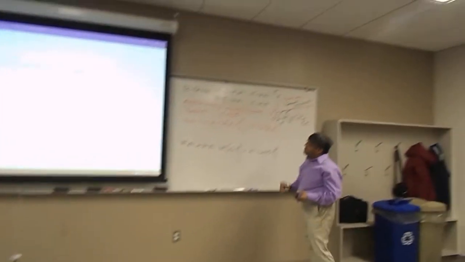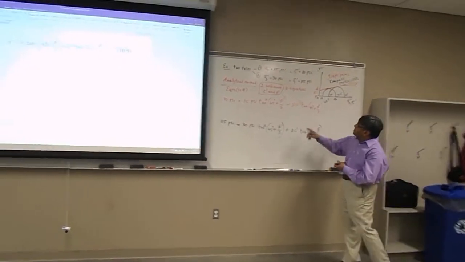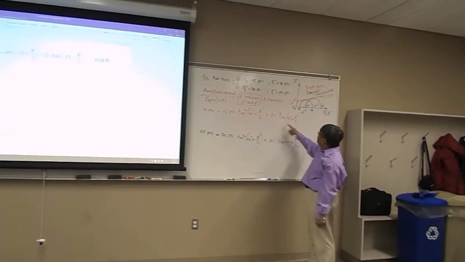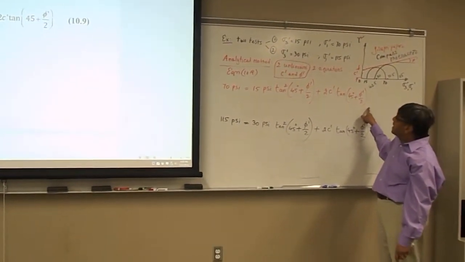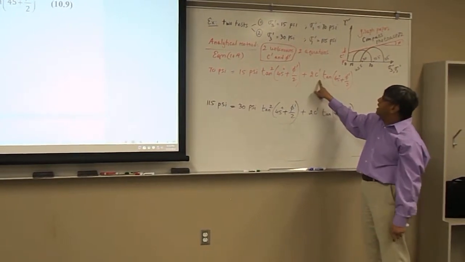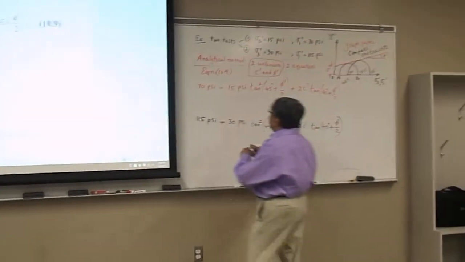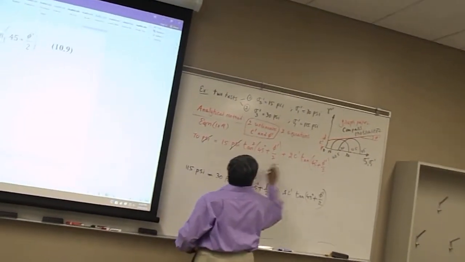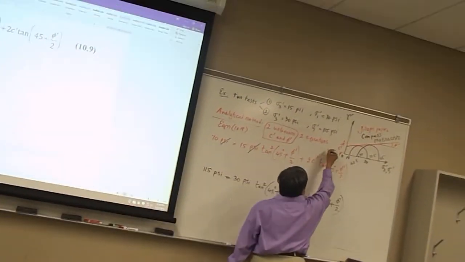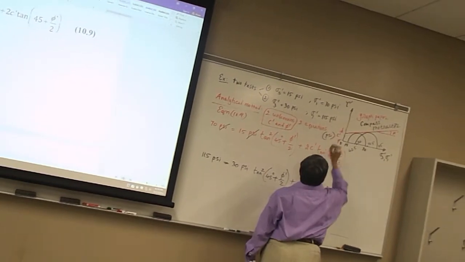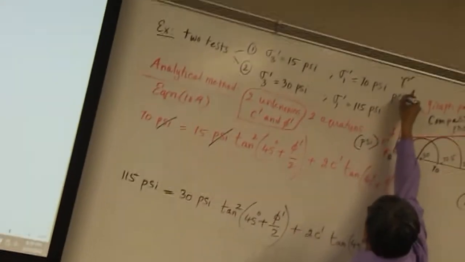Solving these two equations is not as difficult as you think if you can substitute x for this tan 45 degree plus half phi prime and y for 2c prime. So what I would say is that you can eliminate psi. C also has psi, so cohesion has the units of psi, everything in psi.